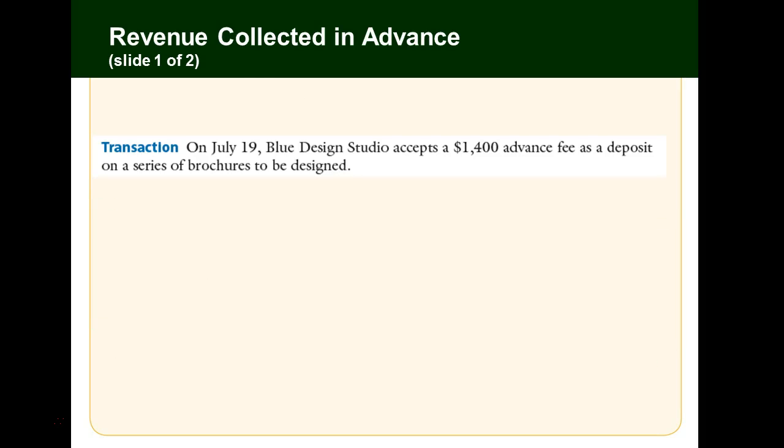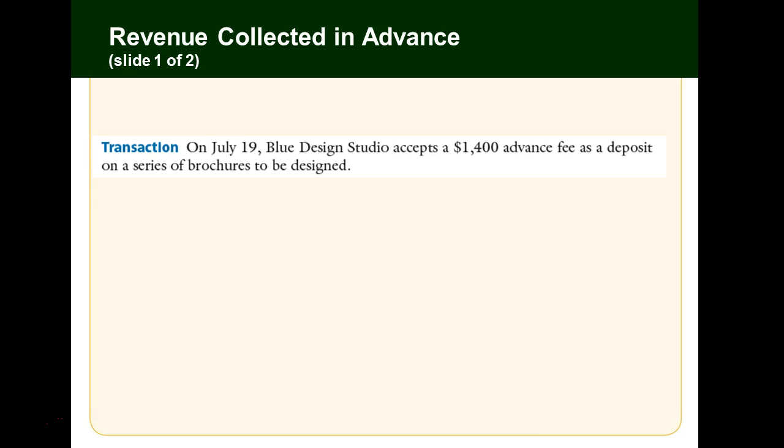Here's another one. On July 19th, Blue Design Studio accepts a $1,400 advance fee as a deposit on a series of brochures to be designed. Have they been designed yet? Have they earned the revenue? No. So which account is going to increase?